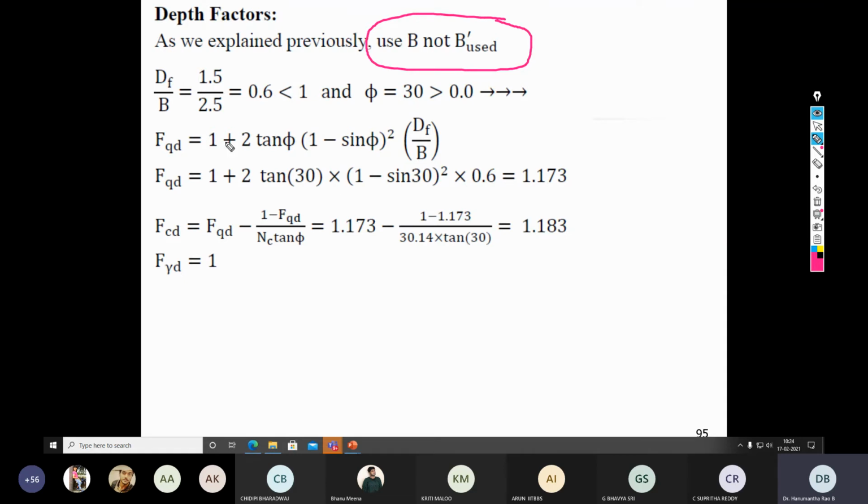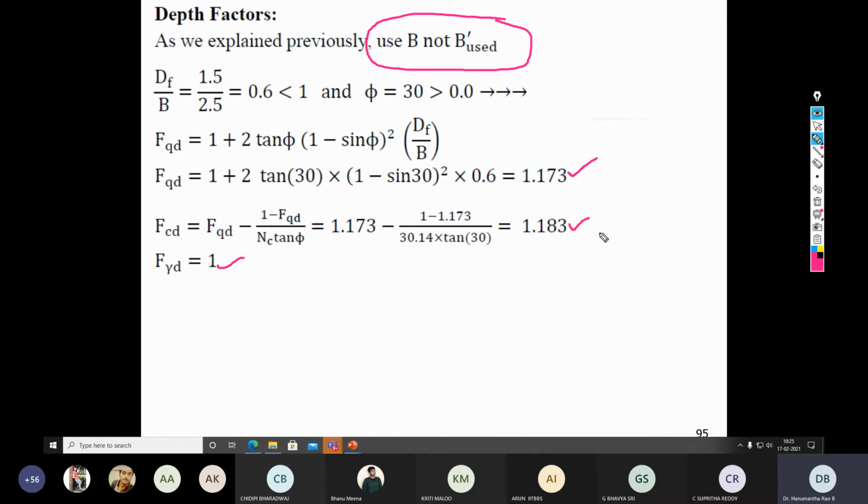So based on that, calculate FQD and FCD, and F gamma D. So FQD, when you use this equation, you are going to get 1.173. FCD is 1.183.